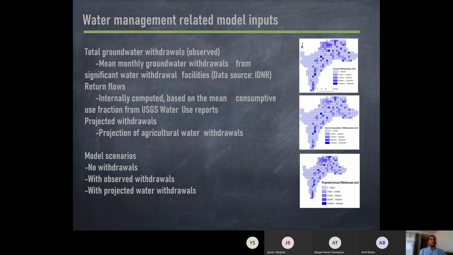Okay, so I take those data, then I use GIS. Okay, then I internally compute this information. So what is this information? In each specific grid, how much water is withdrawn, okay? So basically I had county level data for water withdrawals, okay?